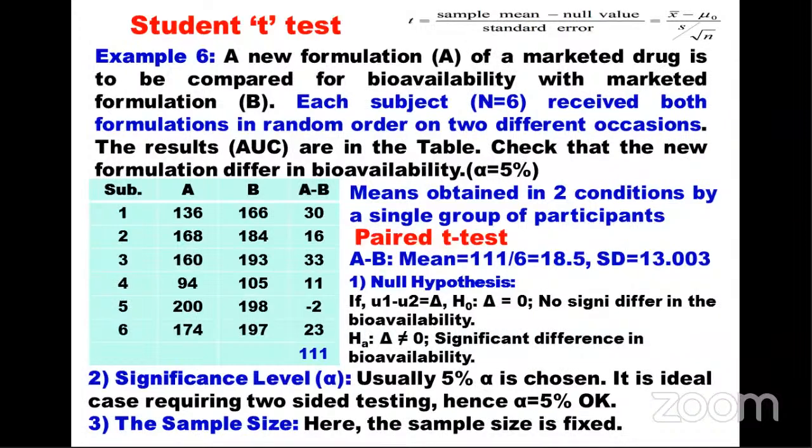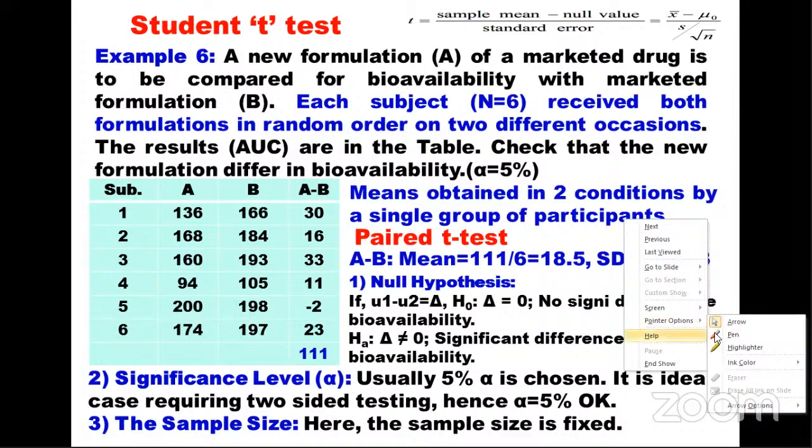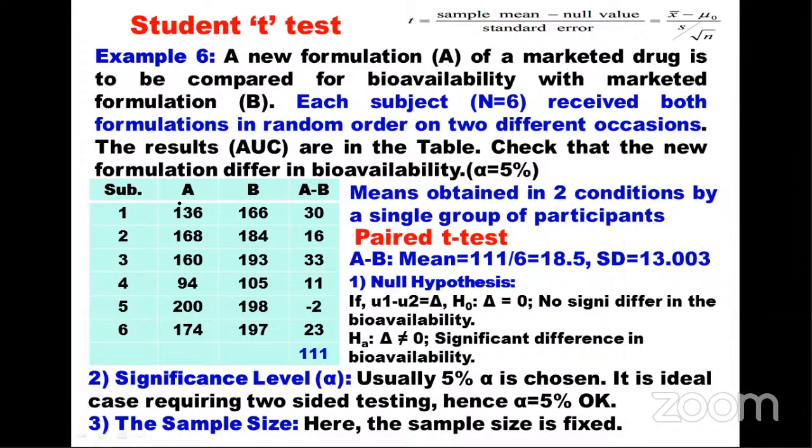So the calculation is easy. Even we can use Excel also. So first calculate the difference of both, then take the mean of that. So the difference of A and B. 136 minus 166 comes to minus 30, and here we have taken the absolute value.